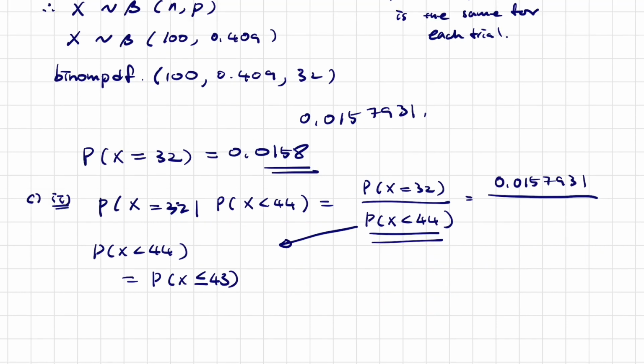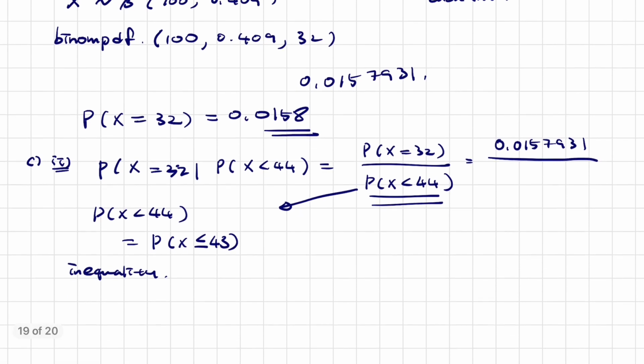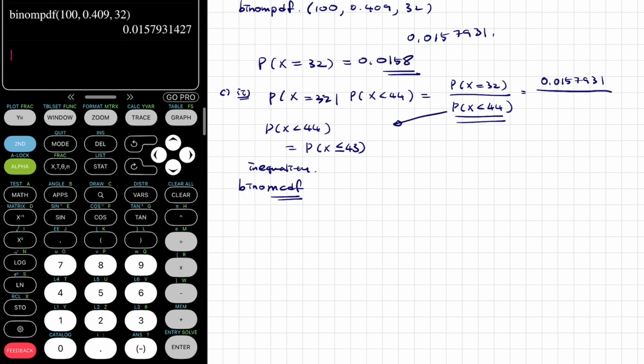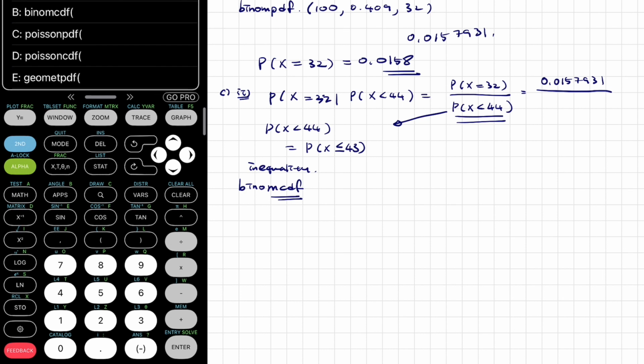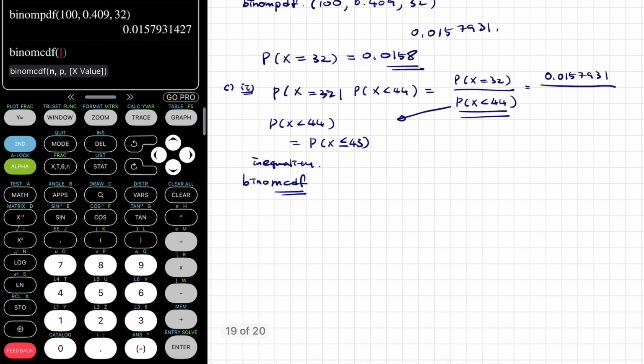And then since this is the inequality, instead of using PDF, you're going to use the binom CDF. Okay, so using the binom CDF function on your GDC, we do second distribution and we go to binom CDF and we're going to set n value as 100 and probability still 0.409, and we're going to set our x value as 43 because this is inequality.